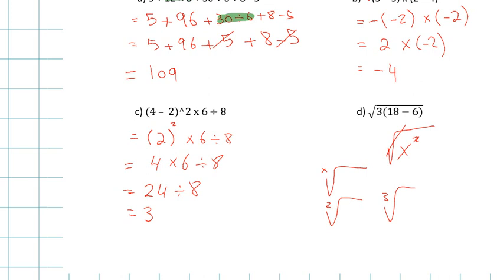So you have 1, 2, 3, right? So this is the square root. This is called the cube root, and this is called any other root. Yep, that's the square root, and then this one is the cube root.